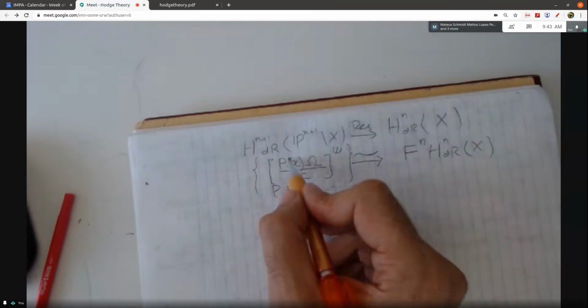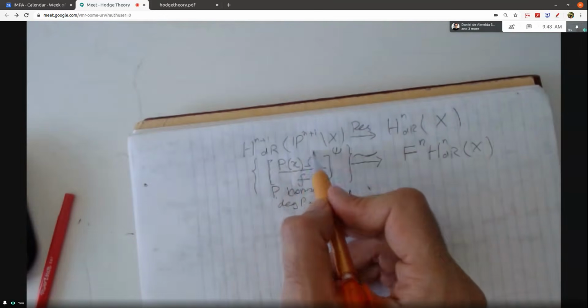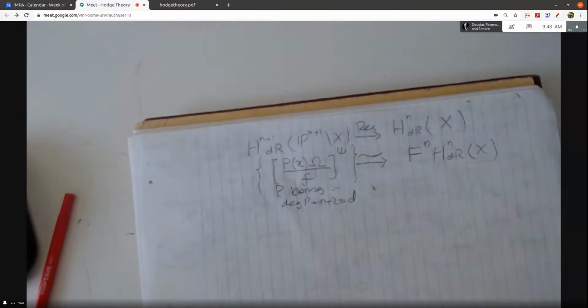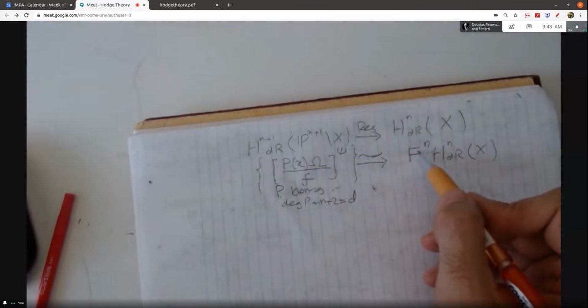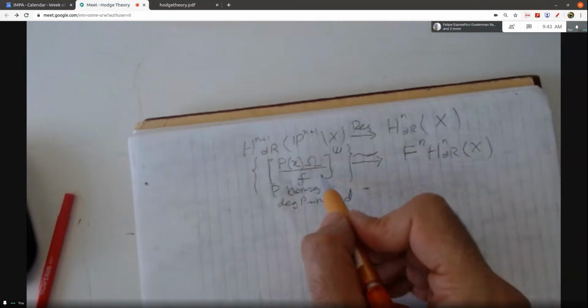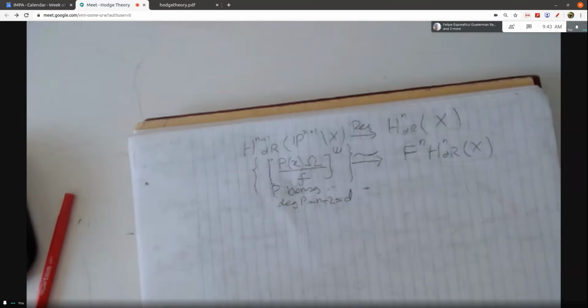So the collection of these differential forms, their cohomology class will be mapped isomorphically to this one. This means that at the end, to capture this piece of the Hodge filtration, it is just by considering this differential form.